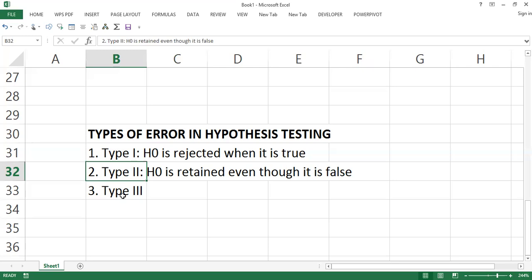So what's the type 3? Sorry, we need to put that in perspective. Don't forget that H0 is false, and you are saying it's true.